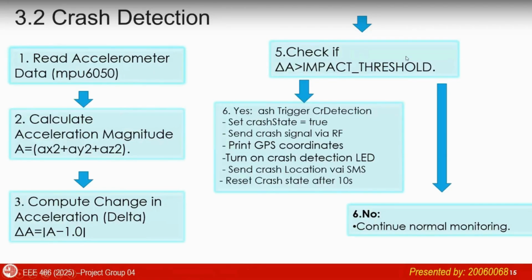In our code, we set the impact threshold to 1.5, and based on this, if a crash is detected, it sets the crash status to true, sends a signal to the receiver circuit to turn off the bike, and also sends the real-time location by SMS. If not, it continuously monitors the system.